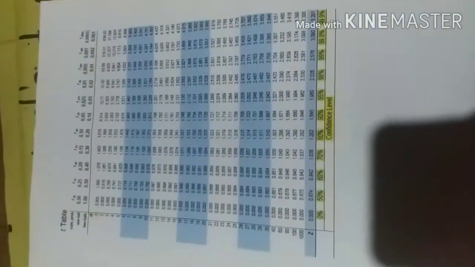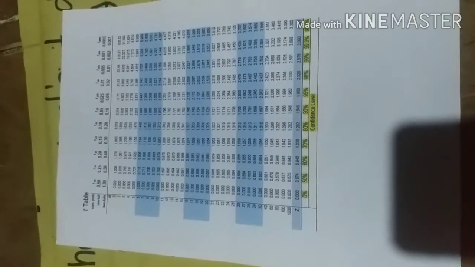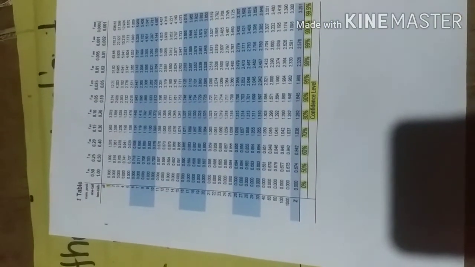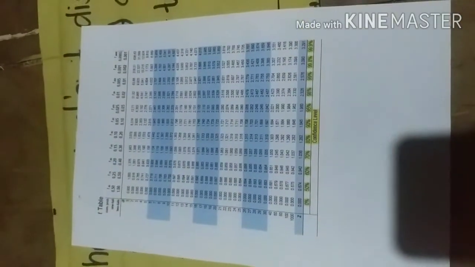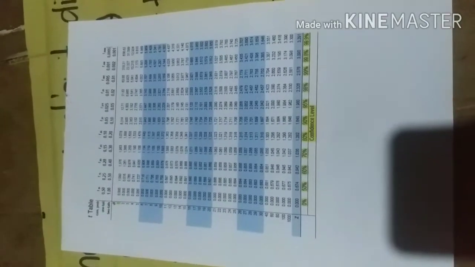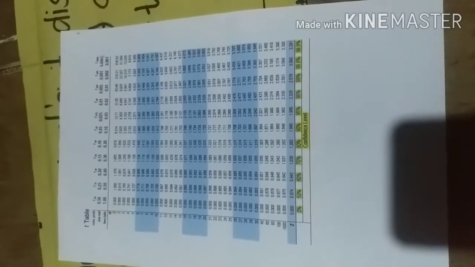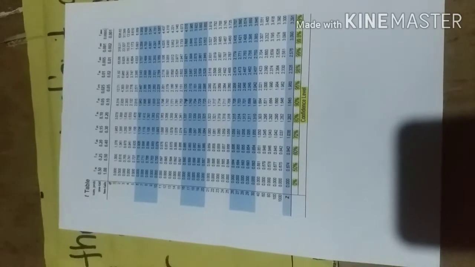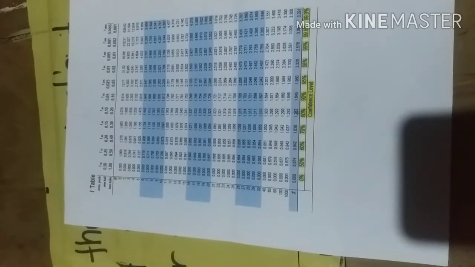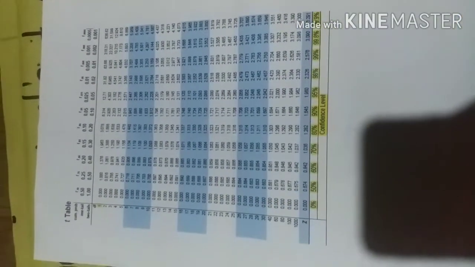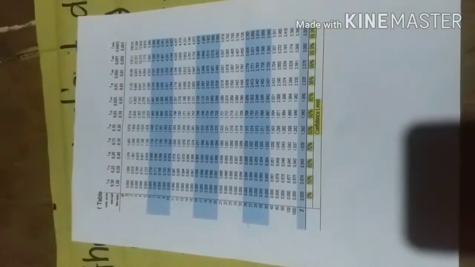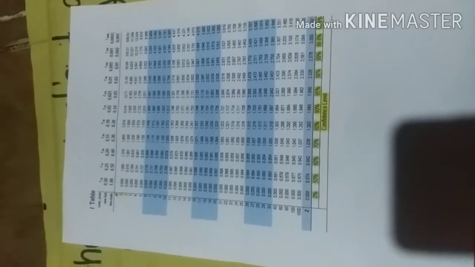So makikita nyo naman dito sa T-table na ito is marami siyang probability than normal distribution. So, yung normal distribution daw is mas maraming probability yung T-table kaysa sa normal standard deviation. So, because the spread of the T distribution is greater than the standard normal distribution. So, dito makikita natin yung T-table na maraming probability kaysa sa normal distribution.